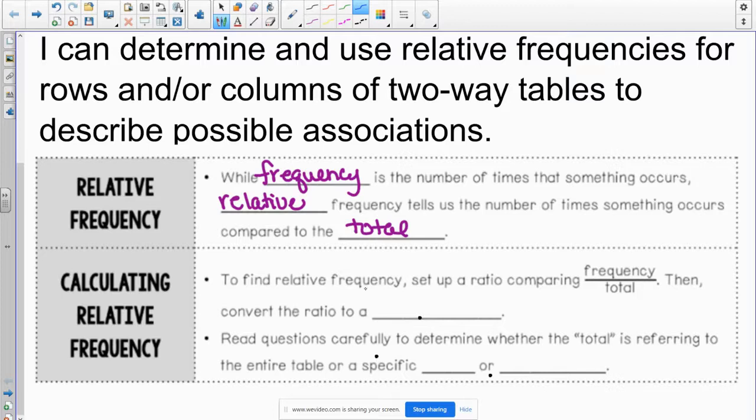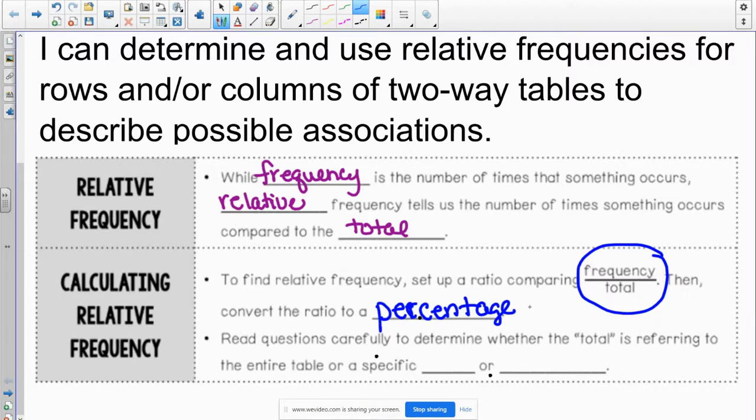To find relative frequency, you set up a ratio. On the top, you put the frequency, how often it happens, over the total, then you convert it to a ratio and then to a percentage. So relative frequency is seen as a percent.